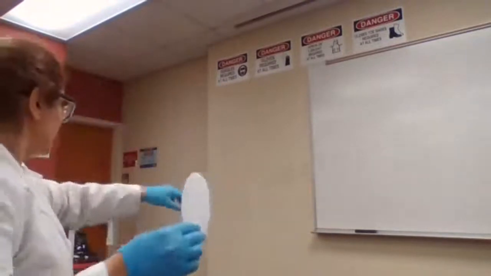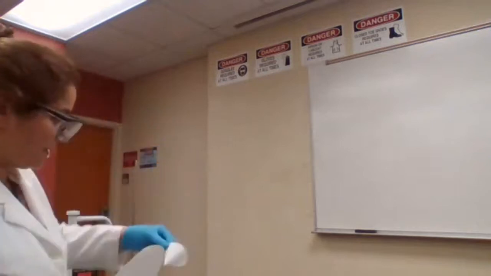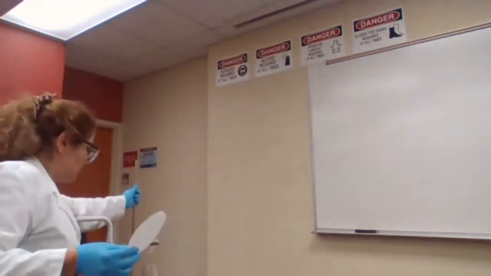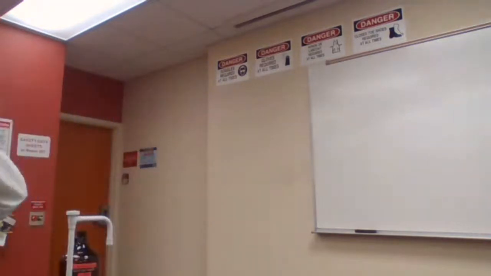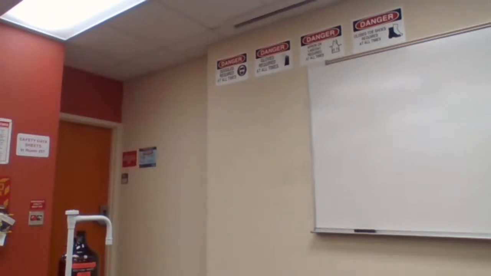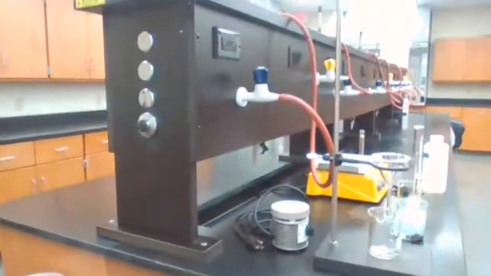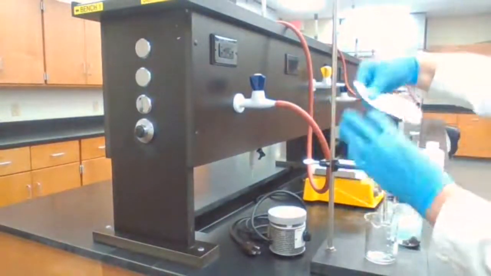And this, I'm not using the other filter paper because the other filter paper, I didn't measure the mass, as I showed you for setting up. So I'm going to set up the gravity filtration with the paper that is already pre-weighed.